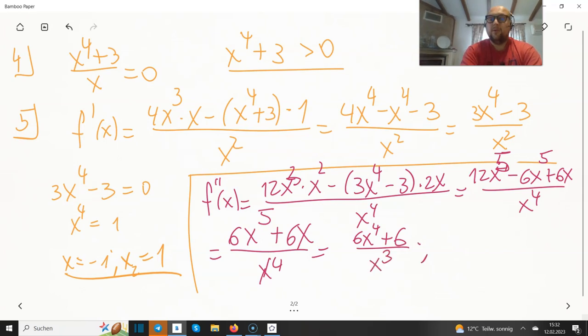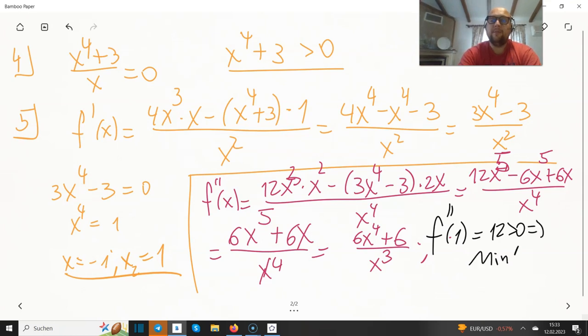All right. Once again, because of the symmetry, I don't have to check both points. It's enough if I'm just checking only one, which I'm going to be doing with 1. So what is f second prime at 1? This is 12 divided by 1, which is 12, so it's positive. That means we're going up after it, so it's a min. I have a min at 1, and this was our function, right?